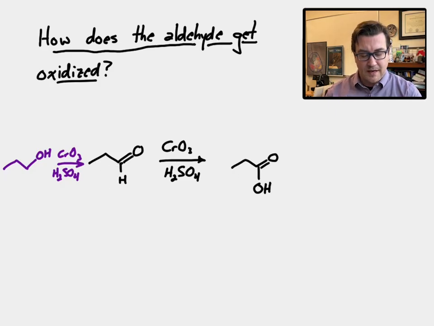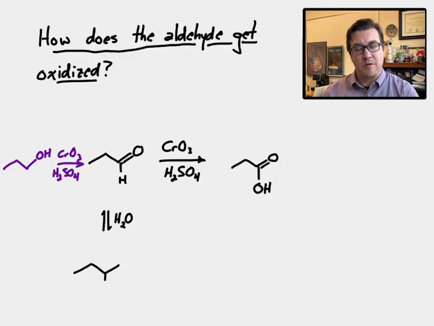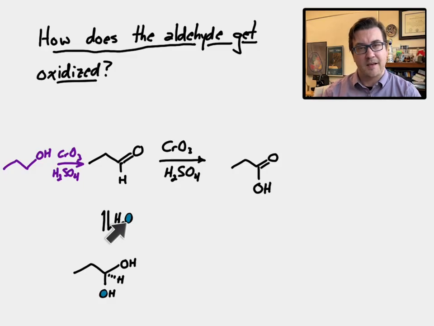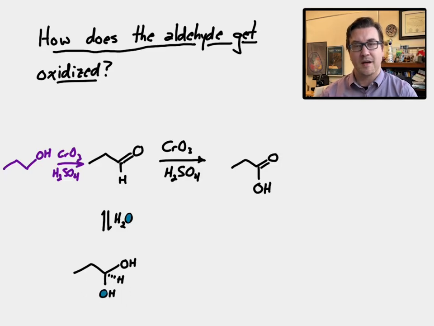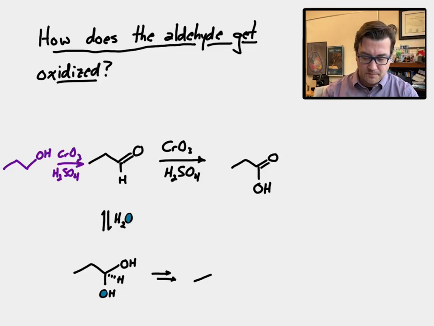The important thing to recognize about an aldehyde is that, in the presence of water, and these reactions are done in the presence of water, it has an equilibrium with what's called a hydrate. A hydrate is simply an aldehyde that has an equivalent of water added to it. I've highlighted the oxygen of the water in blue. Now that you have a hydrate, you have something that looks a lot like an alcohol, and you can see that you have this hydrogen atom that's been there all along.